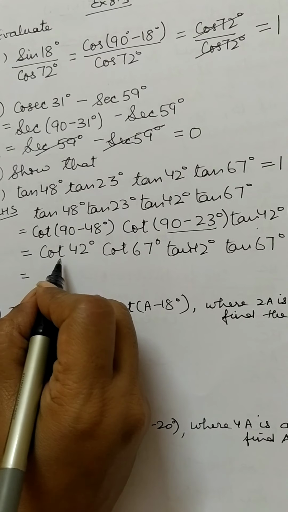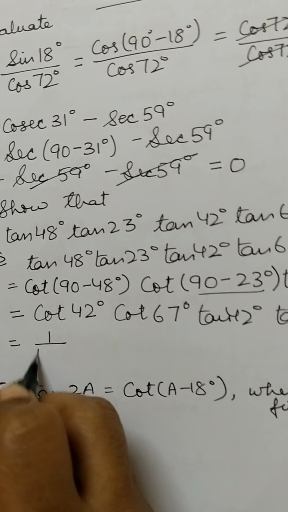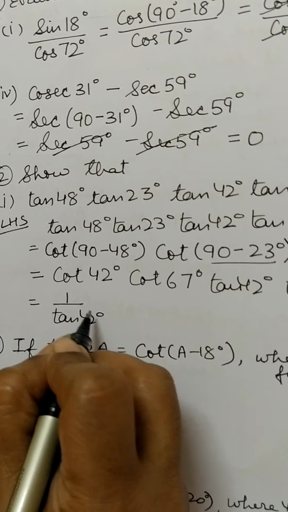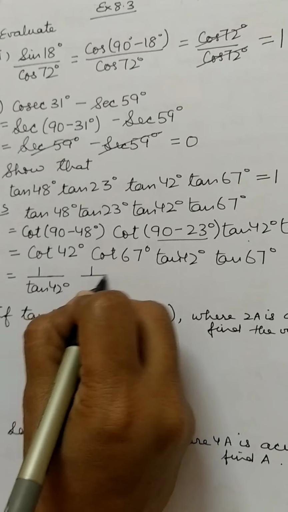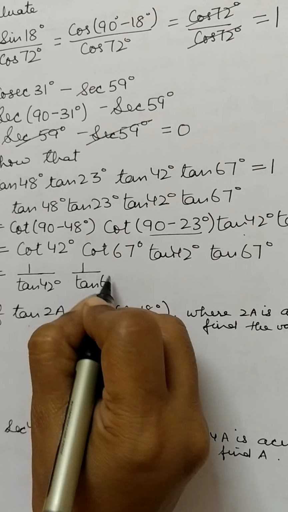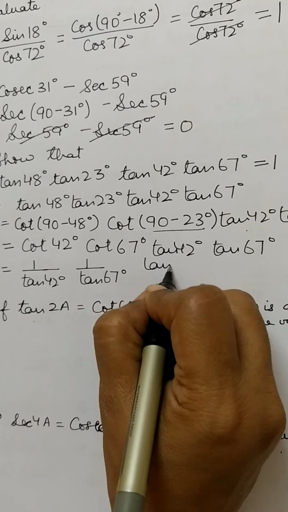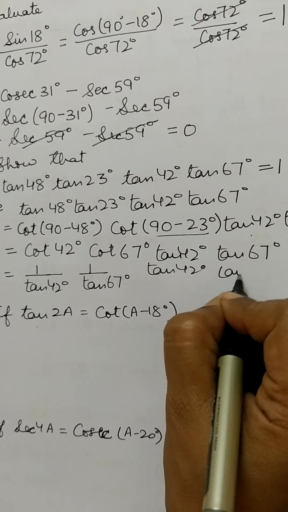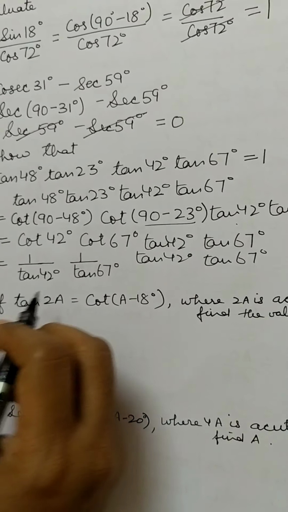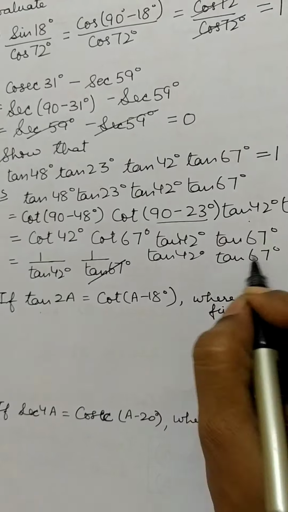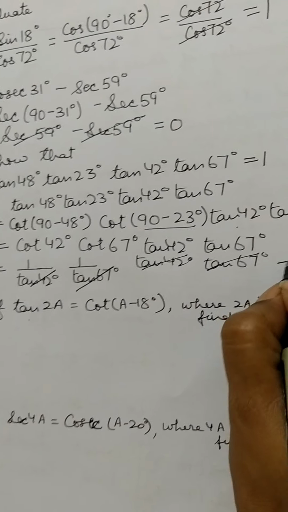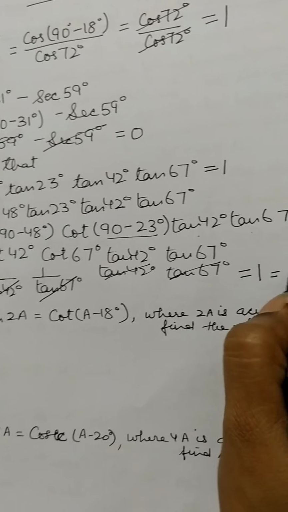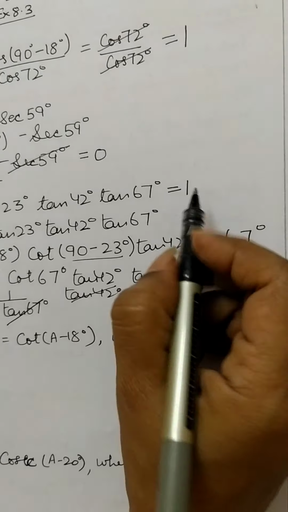So in place of cot 42 you can write 1 upon tan 42. Similarly, in place of cot 67 you can write 1 upon tan 67. Rest of 2 terms as it is. All these 4 terms are multiplying. So tan 67 cancelled with tan 67 and tan 42 with tan 42 and you get 1, which is RHS.